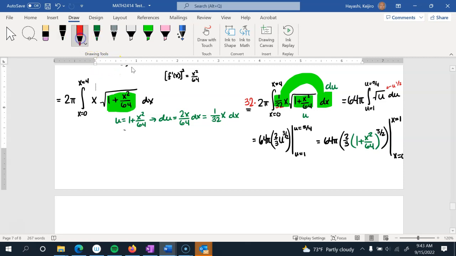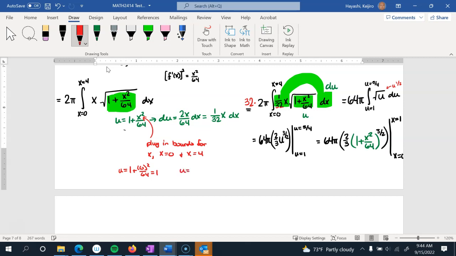So if you plug in the bounds for x, x equals 0 and x equals 4, well then you get u equals 1 plus 0 squared over 64, or just 1.